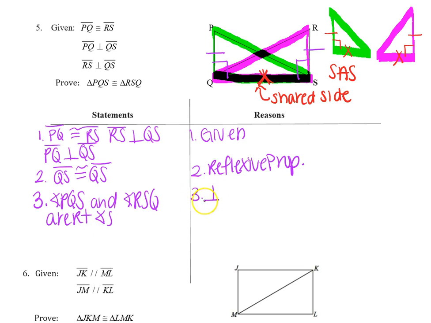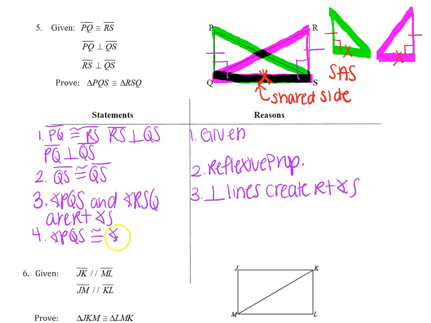And that's because perpendicular lines create right angles, and then I'm going to say they're congruent. It's because all right angles are congruent.